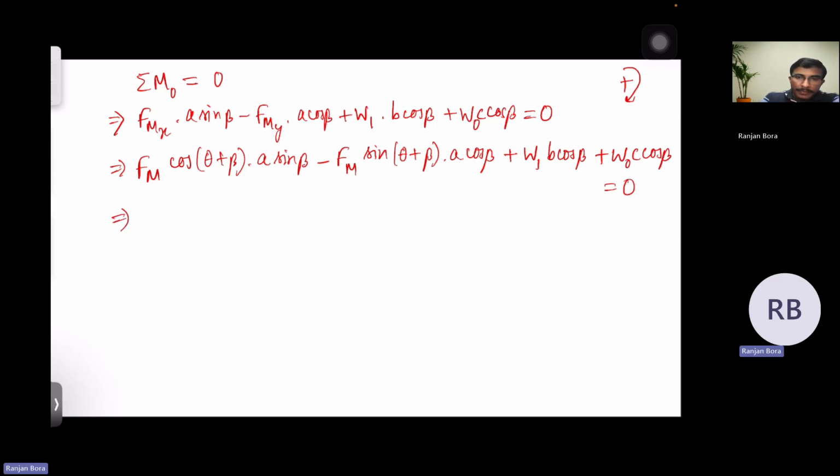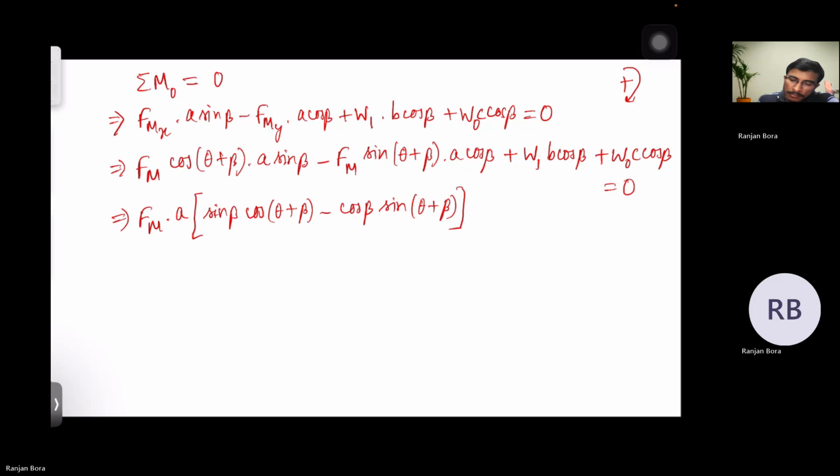Now we'll take Fm and A outside: Fm dot A times (sin beta cos(theta plus beta) minus cos beta sin(theta plus beta)), plus W1 B cos beta plus W naught C cos beta equal to 0.